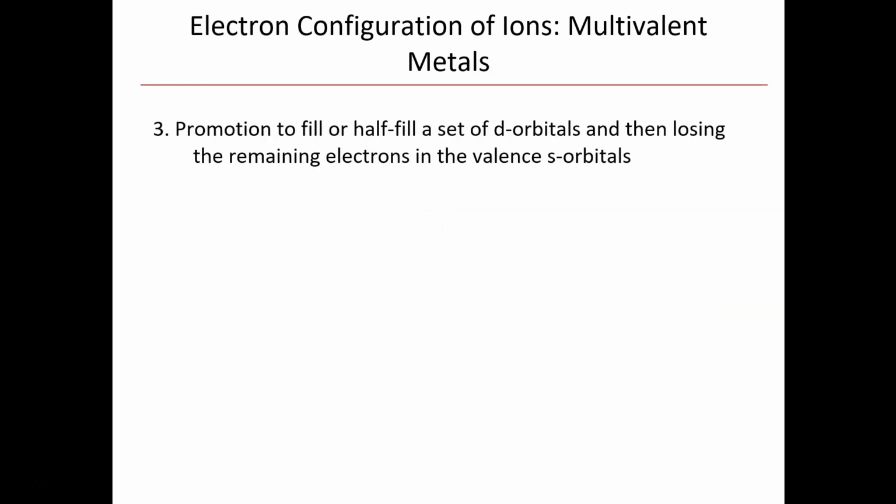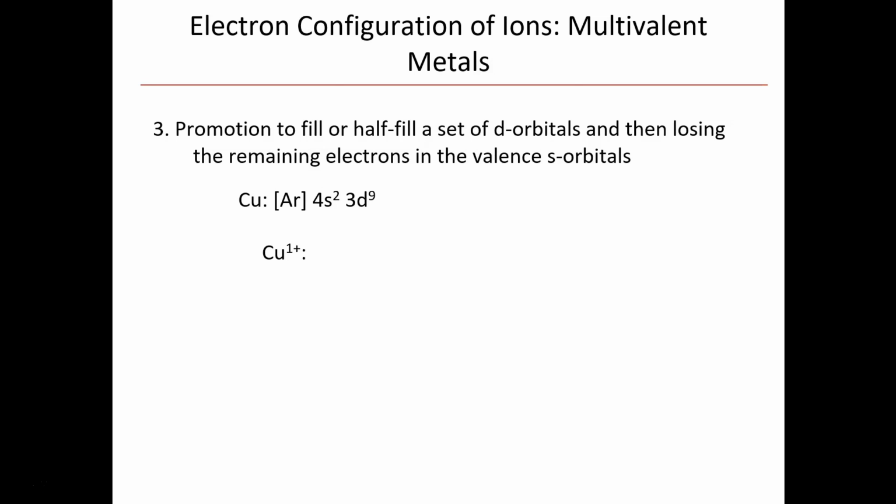The third and final way in which my multivalent metals can form stable ions is through promotion and then losing the valence s. Again, this refers to only a small number of them, but for example, copper, we know that copper has a valence of +2 and +1. And as we saw before, for +2, we just lose the valence 4s.